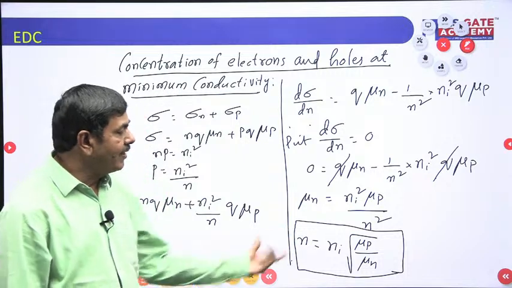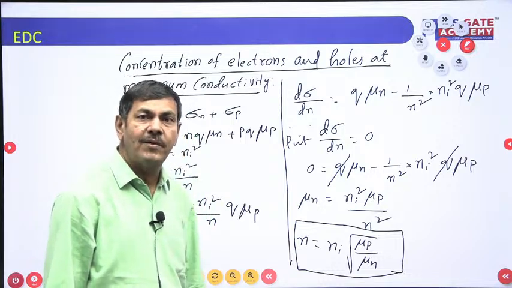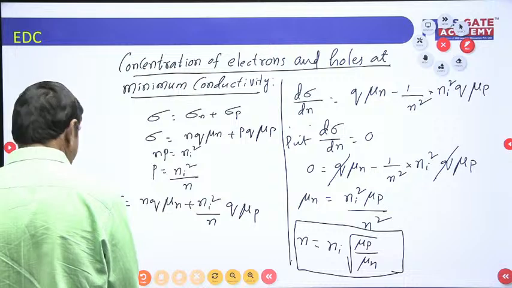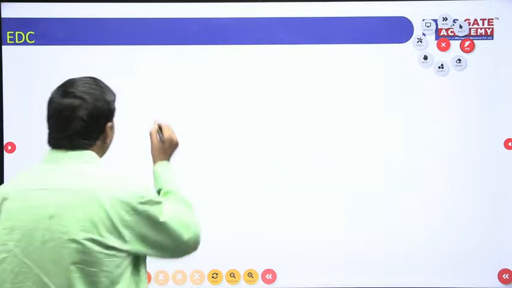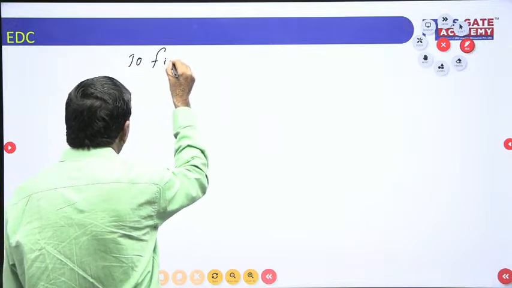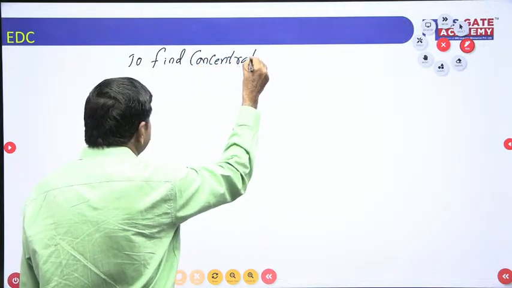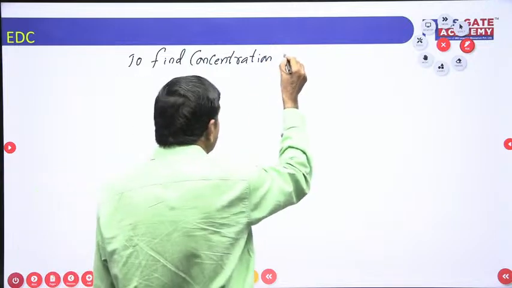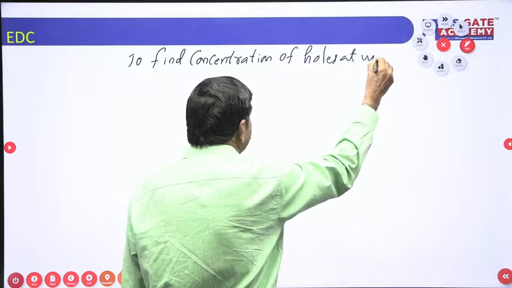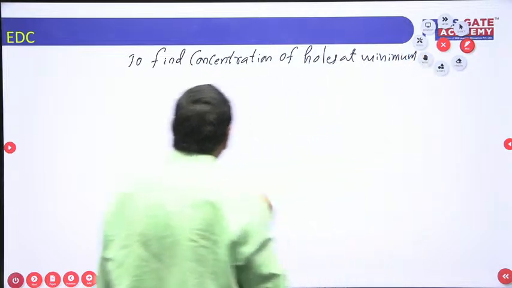In the same way, if you want to find the concentration of the holes at minimum conductivity, what to do?